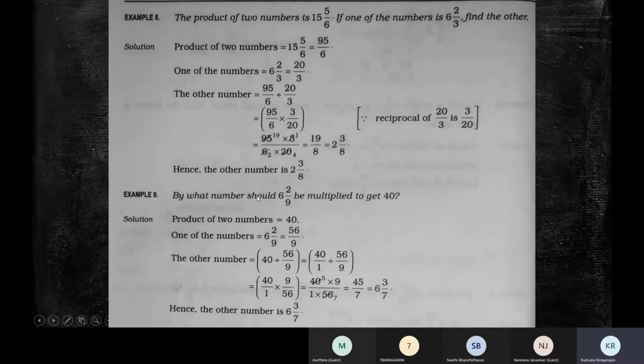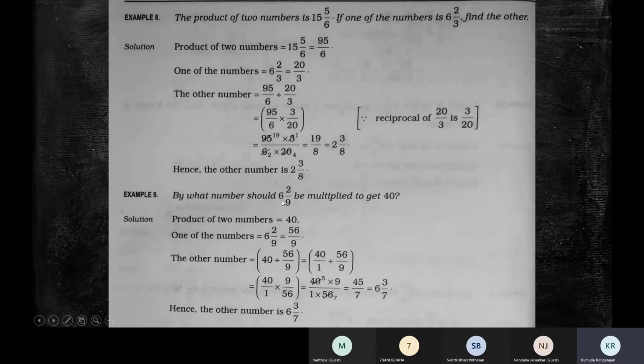By what number should 5 be multiplied to get 40? So you use different numbers to understand the situation. You ask yourself, is it addition? Is it subtraction? Is it multiplication? Is it division?